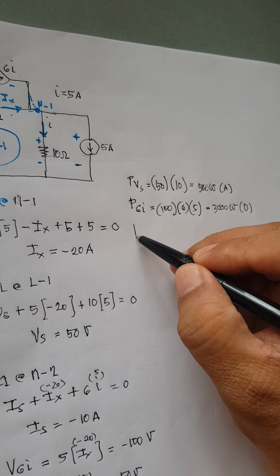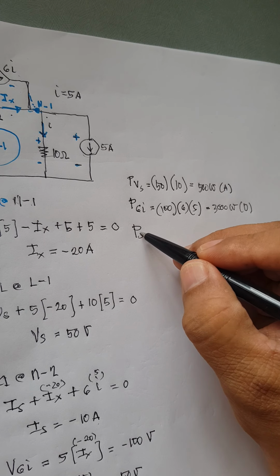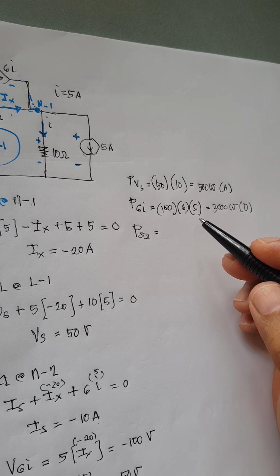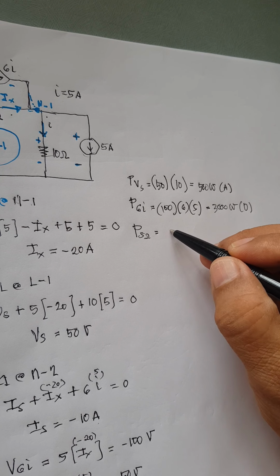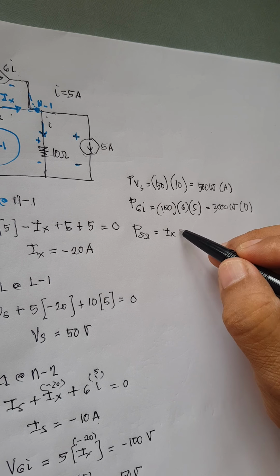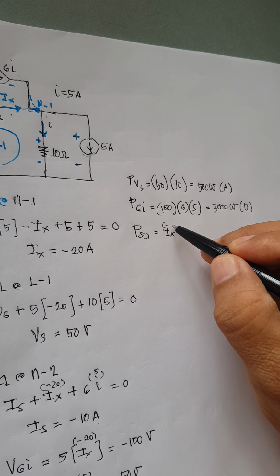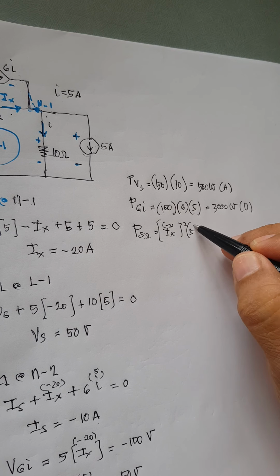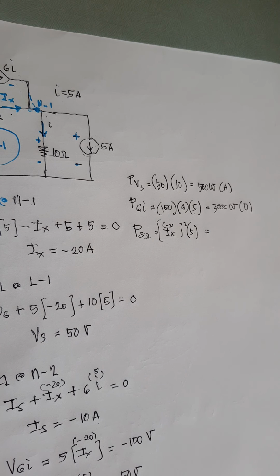Power of the 5 ohms here. So, I squared R. What is IX? IX is negative 20. Then you square that times 5. The answer is 400 times 5 is 2,000 watts.